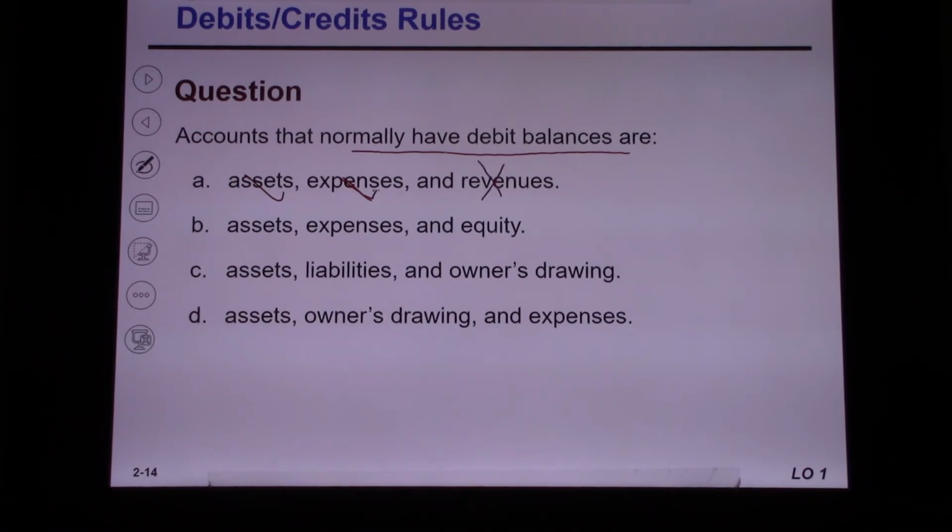So no. Letter B, assets, expenses and equity: equity has a credit balance because it increases in the credit side. C, assets, liabilities and owner's drawing: again, liabilities increase in the credit side. D, assets increase in the debit side, owner's drawing is the same, and expenses also increase in the debit side, so the choice will be letter D.